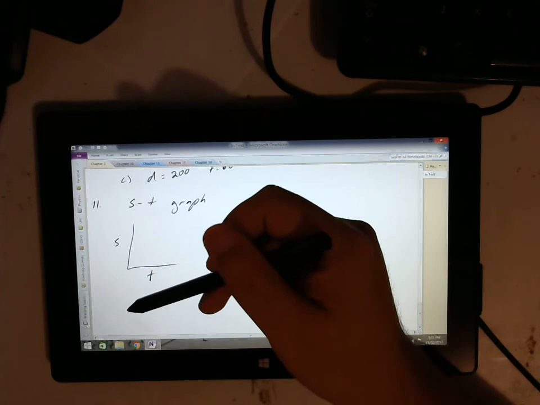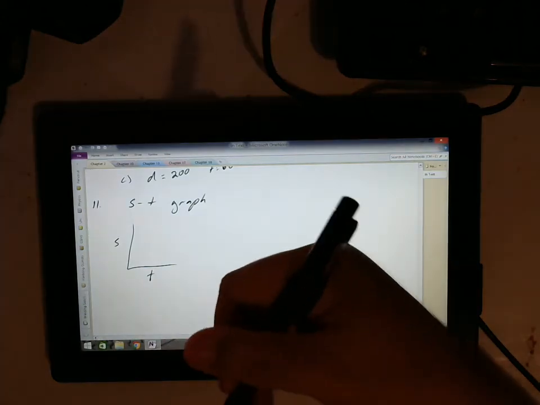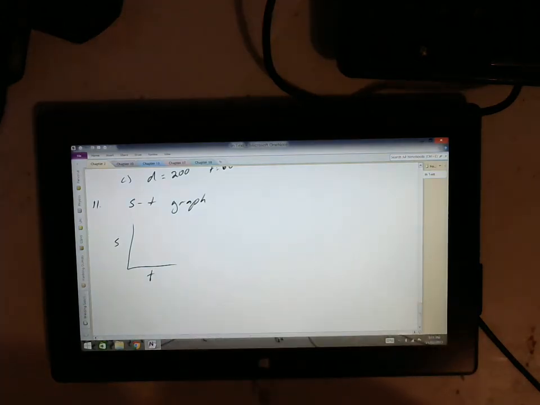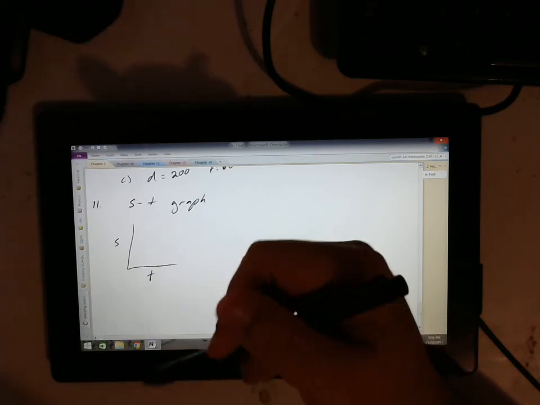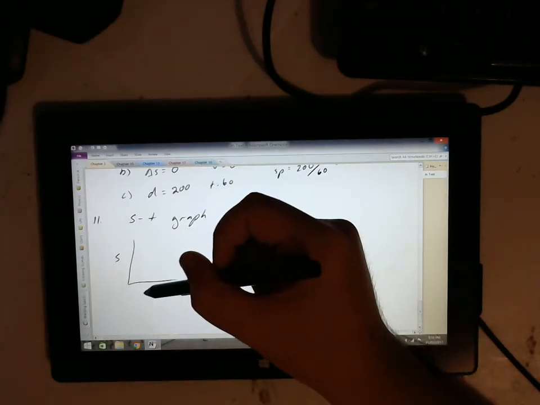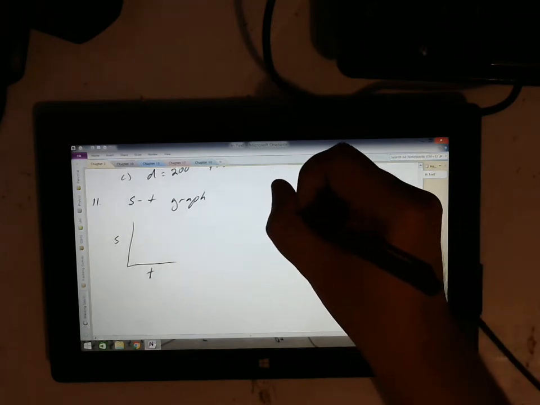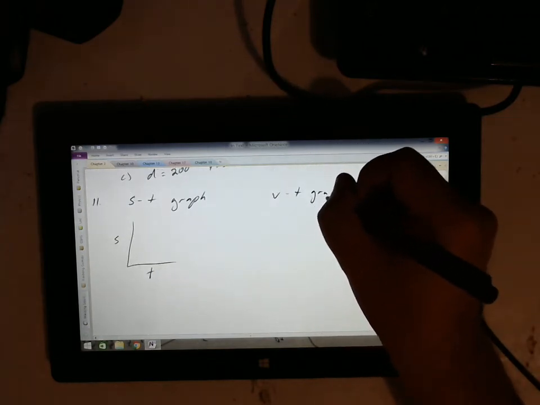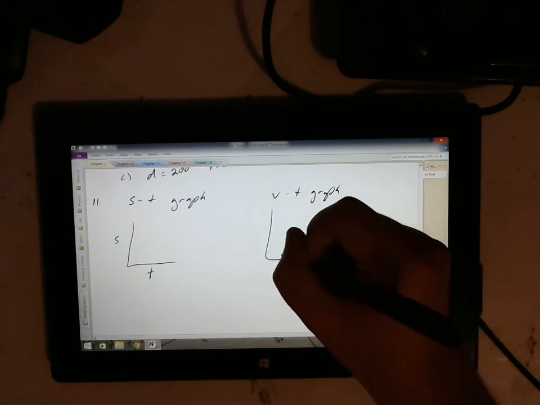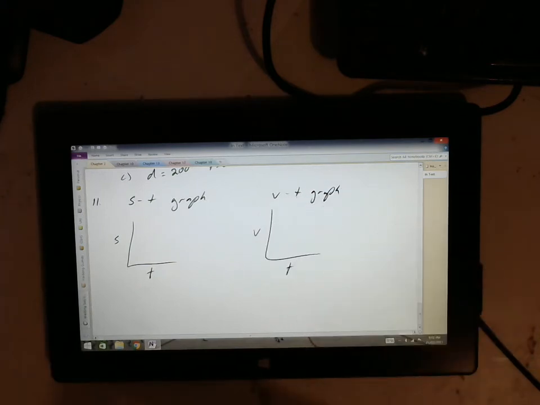If we think about all these rates we're dealing with in motion, velocity equals displacement over time, and acceleration equals change in velocity over time. The over time indicates time should be on our x-axis whenever we plot it. And a VT graph is obviously going to have velocity on the y-axis and time on the x-axis. So let's have a look.